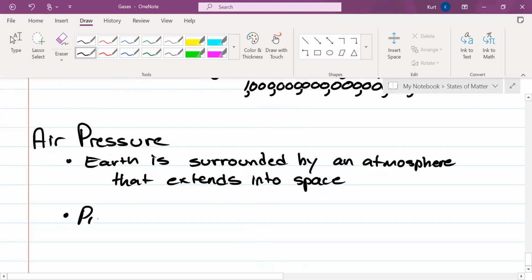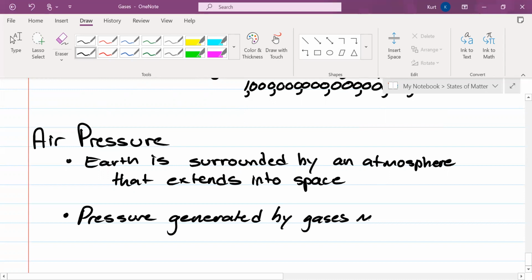There is a pressure that is generated by all the gases moving around in our atmosphere. Pressure generated by gases moving in all directions in the atmosphere is called atmospheric pressure or air pressure.